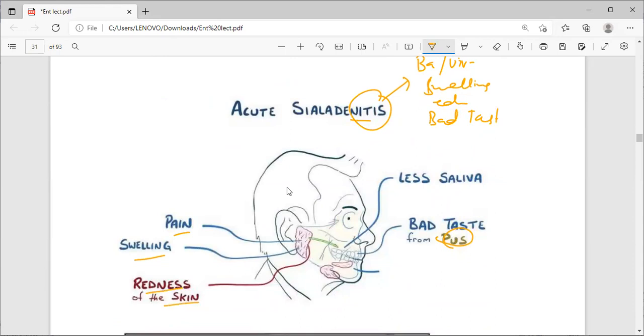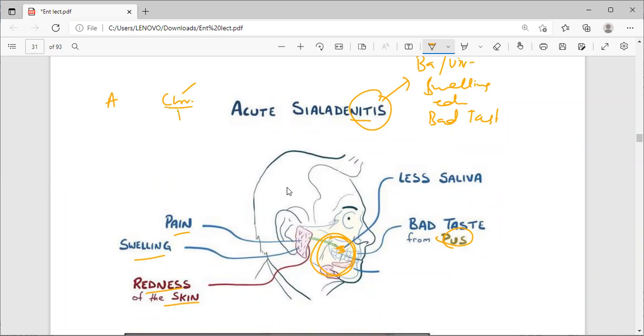And there will be dry mouth, shortness of breath, and dental pain. The bacteria will involve the whole space in the mouth, and it will have systemic problems as well. Now there are two types of sialadenitis, acute and chronic.